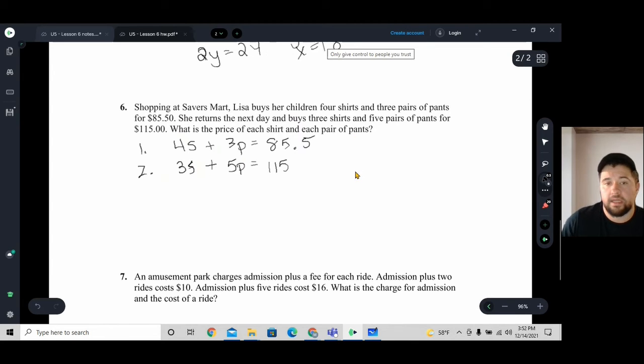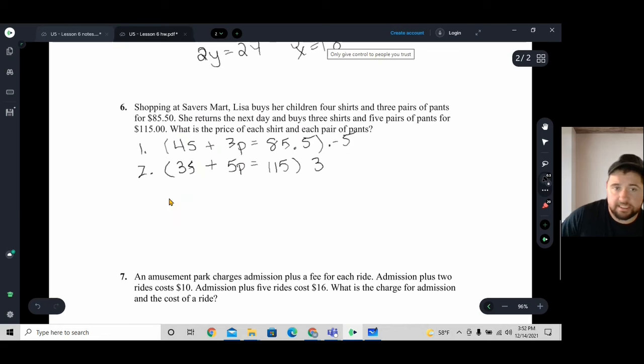Okay. Now, pick a variable that you want to get rid of. It does not really matter which one. I'm going to get rid of my P's. So I'm going to take my top equation and multiply it times -5, and I'm going to take my bottom equation and multiply it times 3. Okay.